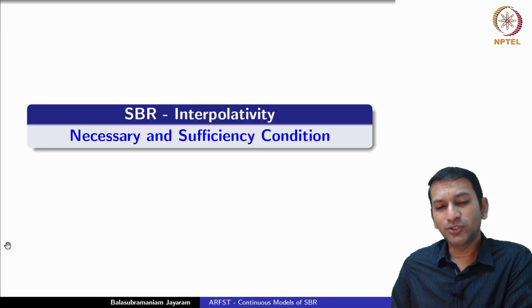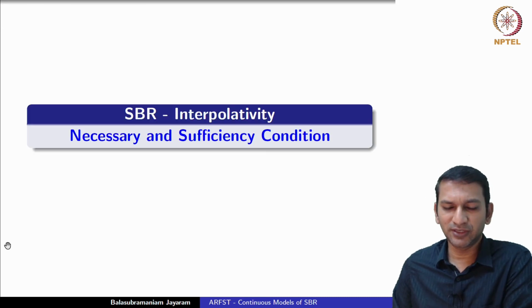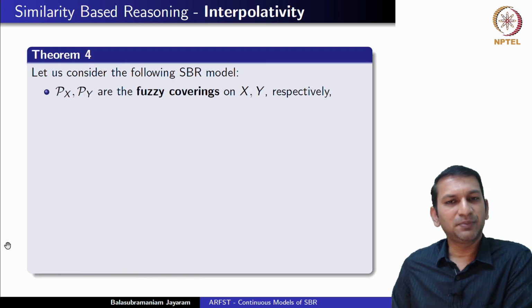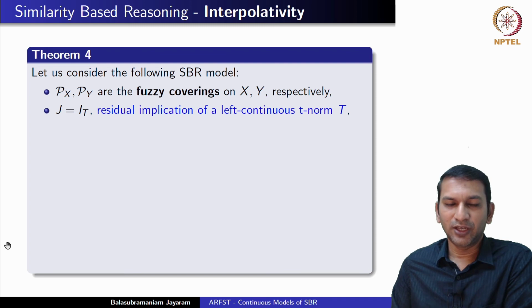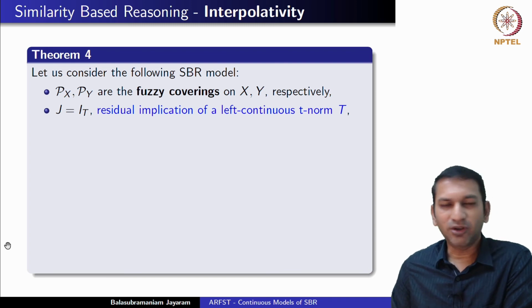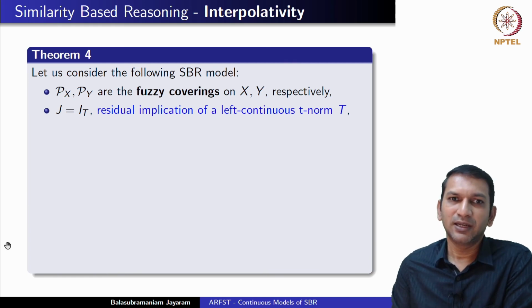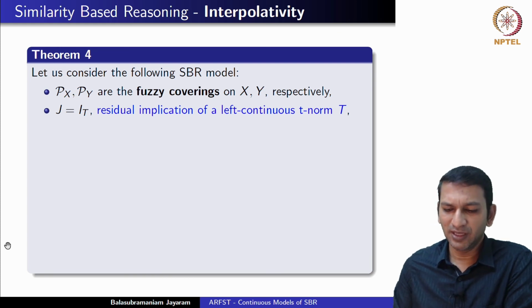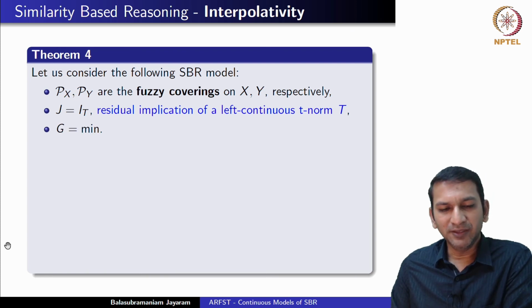And finally, we have also seen some necessary and sufficient conditions. Once again, Px and Py are fuzzy coverings. Now, the operation J is not an operation with NP and falsity principle. We specifically pick a residual implication. It means an R implication from a left continuous T-norm, and G to be min.